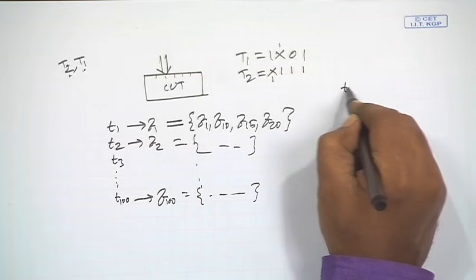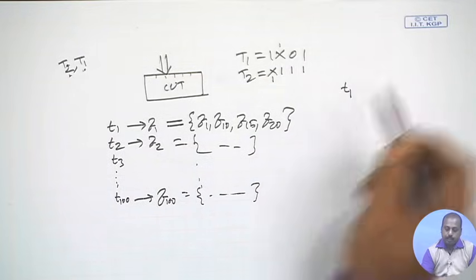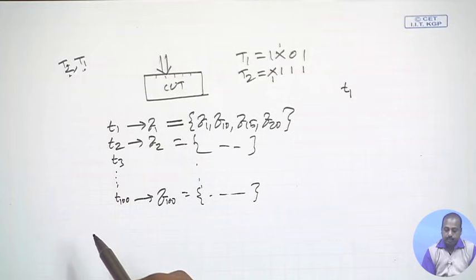But if we restrict to stuck-at faults, the test patterns generated for stuck-at faults cover most of the other faults as well. So, suppose we first apply T1, now I have a choice. I can apply T2, I can apply T3, I can apply T4, I can apply T100, it does not matter.